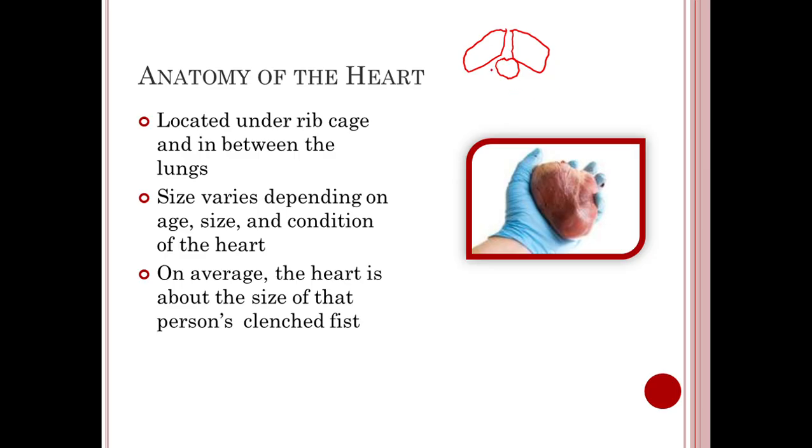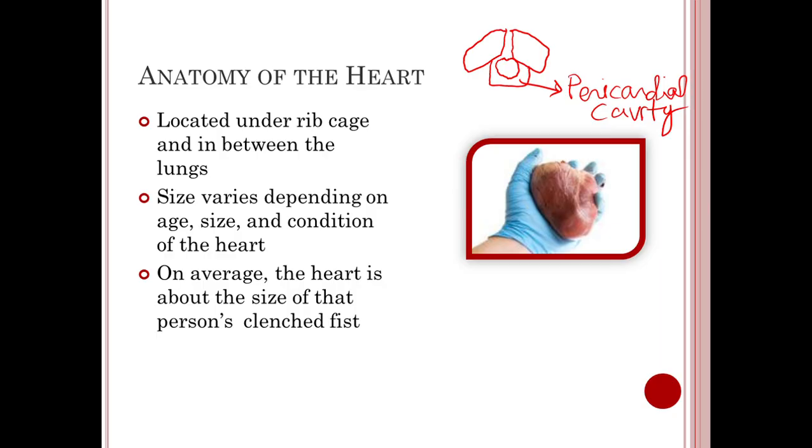This cavity between the rib cage is called the pericardial cavity. It is situated here, slightly towards the left side. That is why we say your heart is on the left side of your body, slightly shifted towards the left.